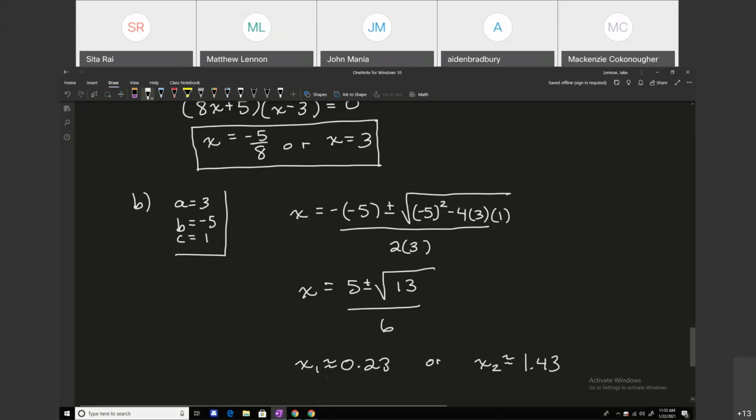Those would be the two solutions. It really depends on the form. If they ask for an exact answer, you'd want to use the one with the square root of 13 still, the second to last line. If they ask for a decimal approximation, it just depends on how many decimal places they specify.